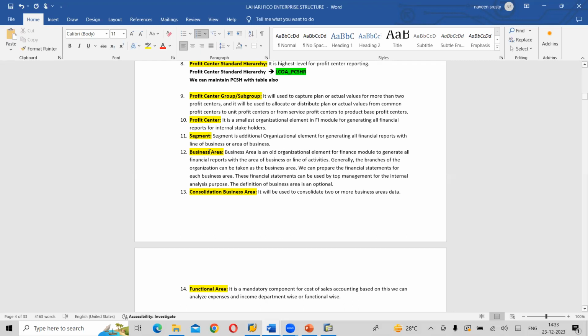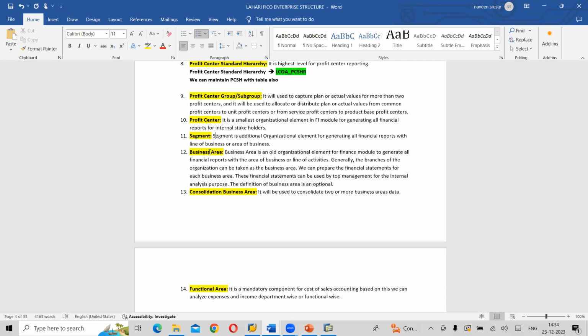Is this clear? So for example, in Hyderabad, I have 10 business areas, like Dilshuknagar, Kukatpally, or whatever you call them. Same time, in India my business is there in Mumbai also. In Mumbai, I have 3 business areas, 3 branches, and at the same time in the US I have 1 branch, and I have 1 branch in Singapore.